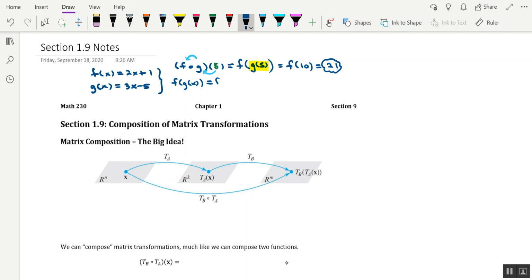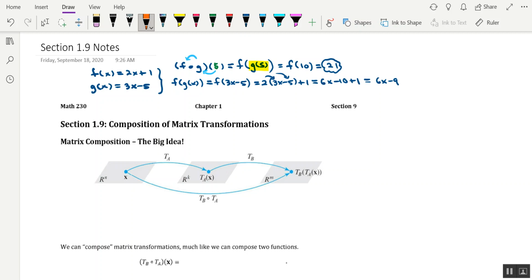This would boil down to f of 3x minus 5, and so we would be plugging 3x minus 5 into the x that's part of f of x to get 2 times the quantity 3x minus 5, plus 1. You could clear parentheses via distribution. That's 6x minus 10 plus 1, giving us 6x minus 9.